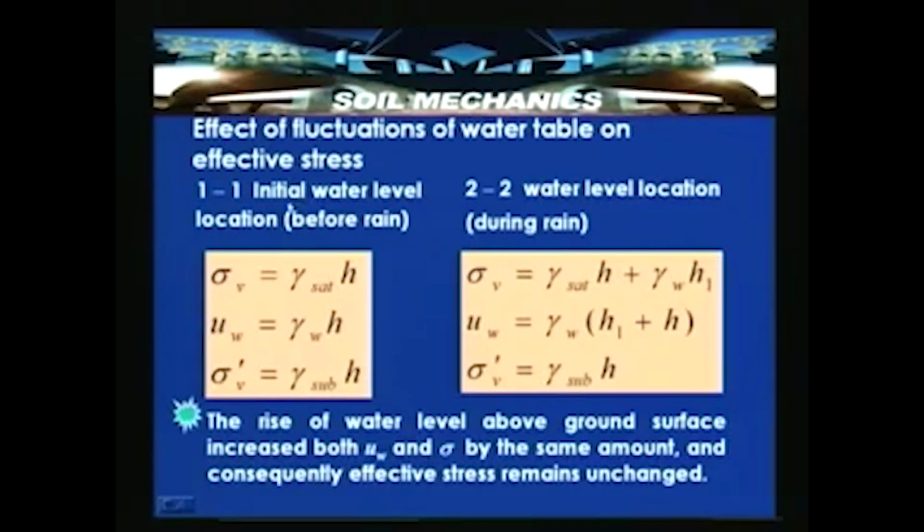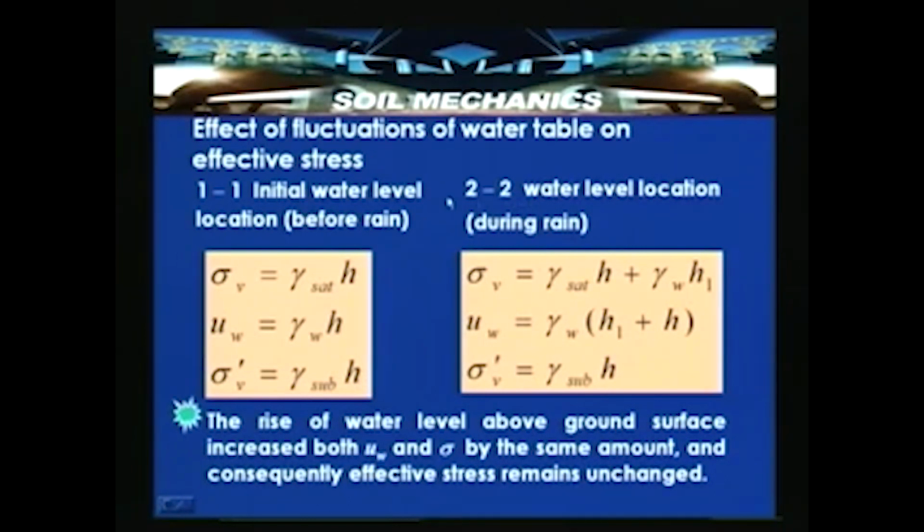If you look into it, the effect of fluctuations of water table on effective stress we are discussing at level 1, that is initial water table at the ground surface. Before rain, sigma v is equal to gamma sat h and uw is equal to gamma w h. So, sigma v dash is equal to gamma sub h or gamma dash h, which is the effective stress before rain.